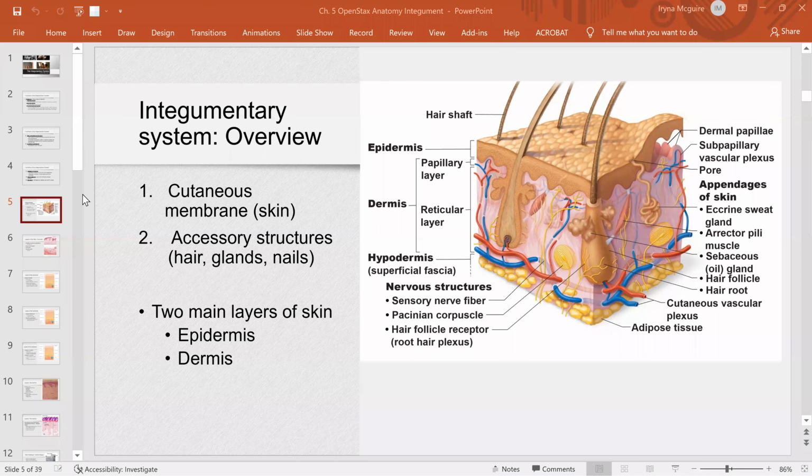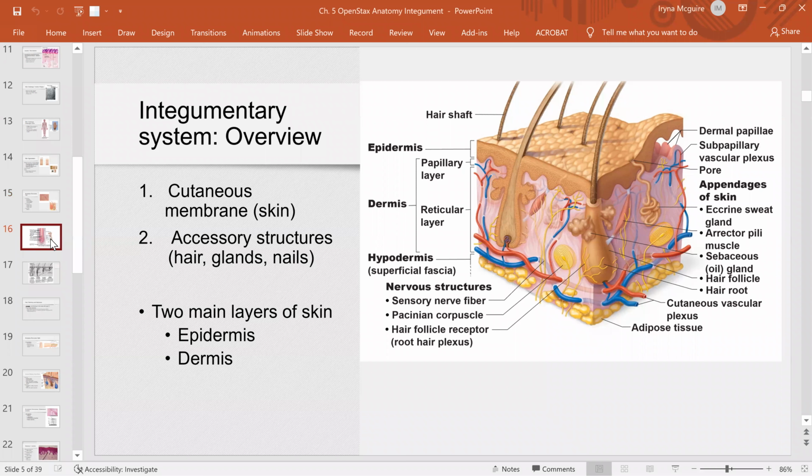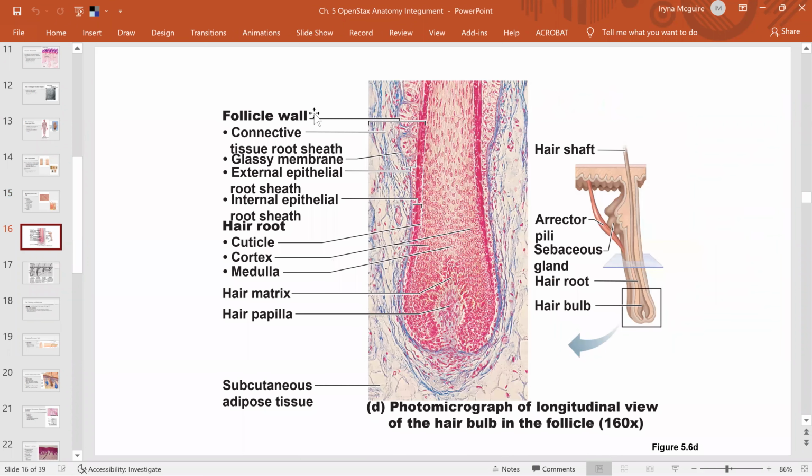So now we're gonna look at this hair follicle. Now the hair follicle is an organ, and hair grows within the hair follicle. So if you look from this point up to here, that's a hair follicle, right?